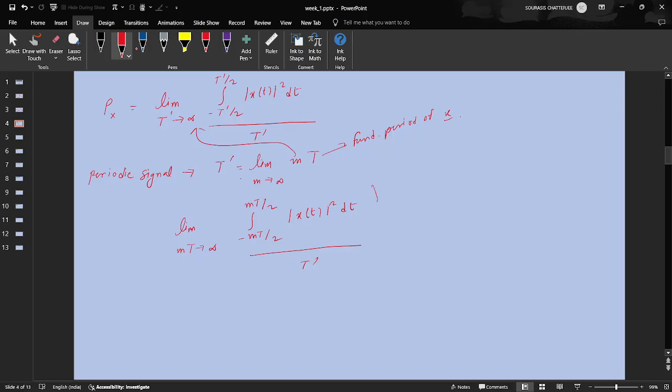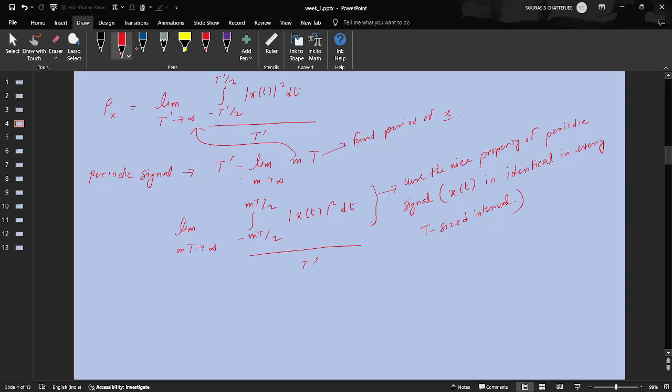But here we are going to use the nice property of periodic signals, which says that x(t) is identical in every T-sized interval.